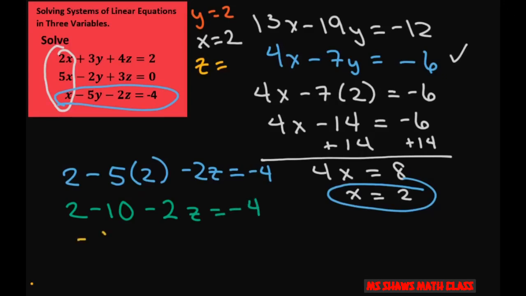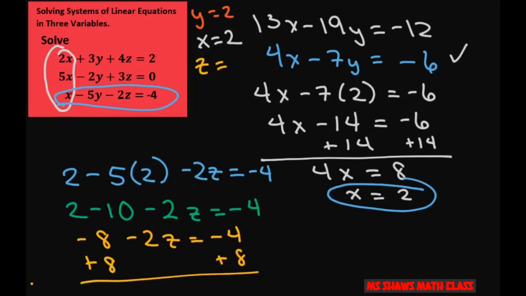This is negative 8 minus 2z equals negative 4. Add 8 to both sides, and you're going to get negative 2z equals 8. So z equals negative 4 when you divide both sides by negative 2. So z is negative 4.